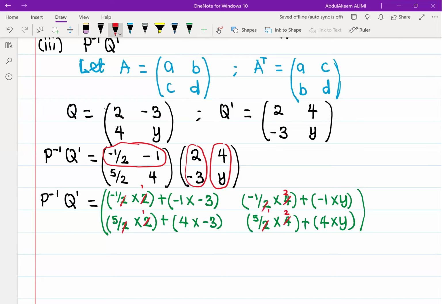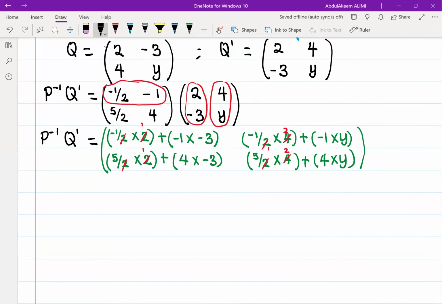So what do we have here now? What will my P inverse Q prime become? I'll have this to now become minus 1 plus 3. So this will now become 5 plus minus 12.